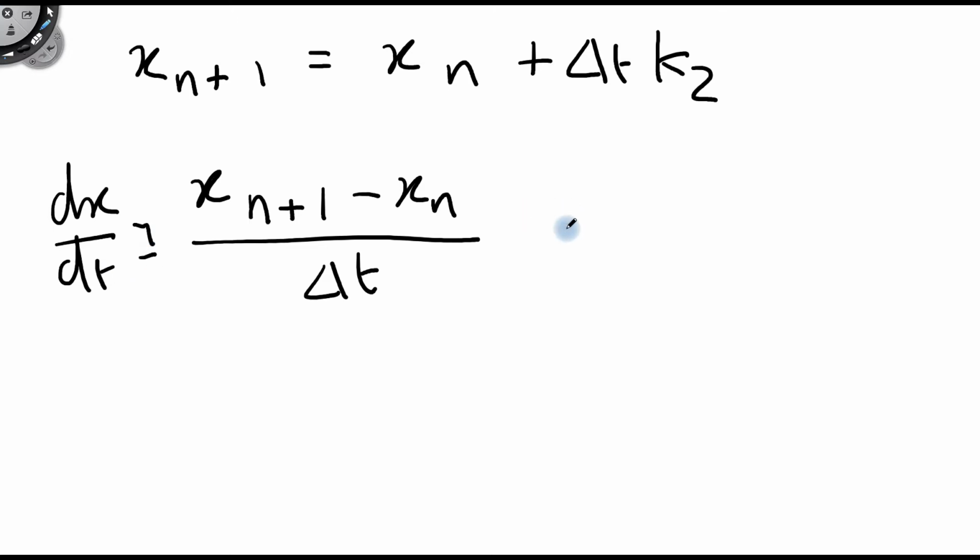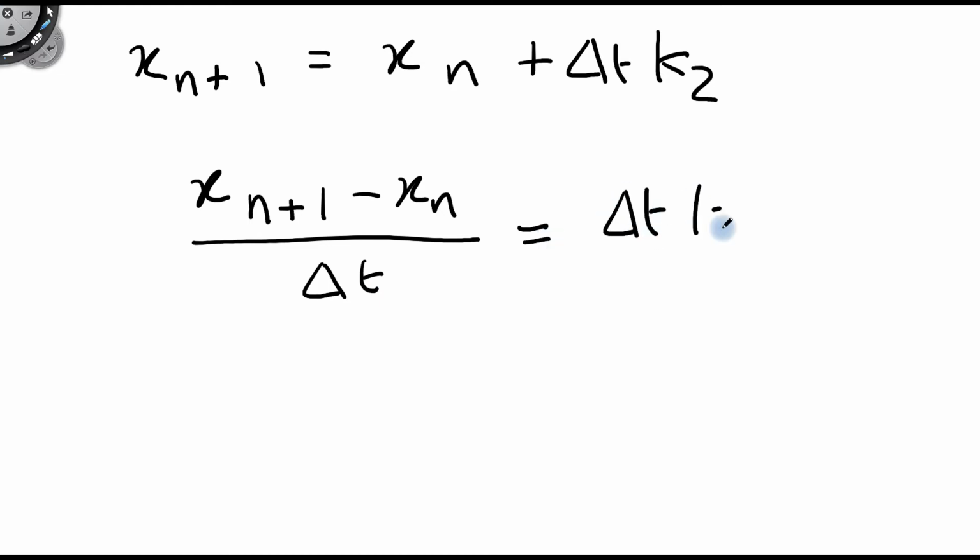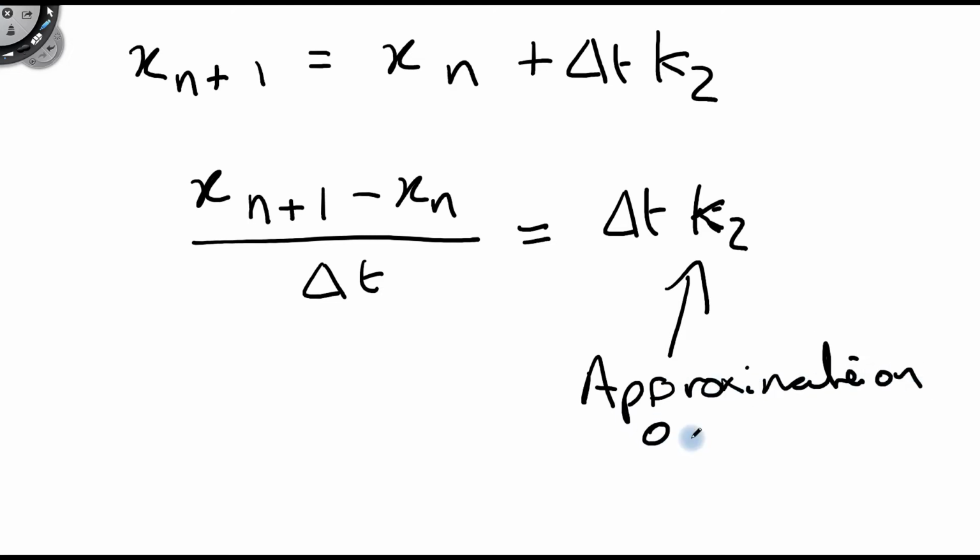That's approximately your dx by dt on your left-hand side. Then you've got delta t and k2, and k2 is an approximation of your function on the right-hand side at the midpoint.